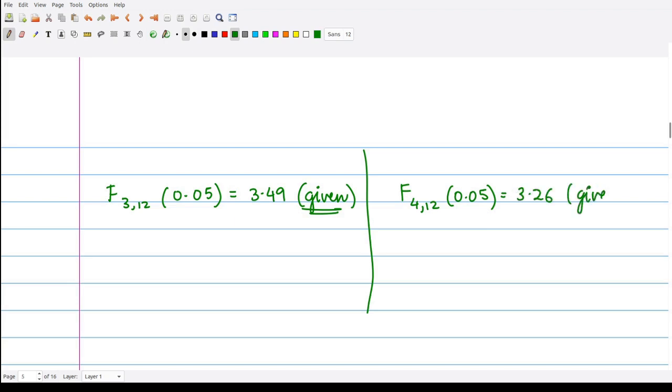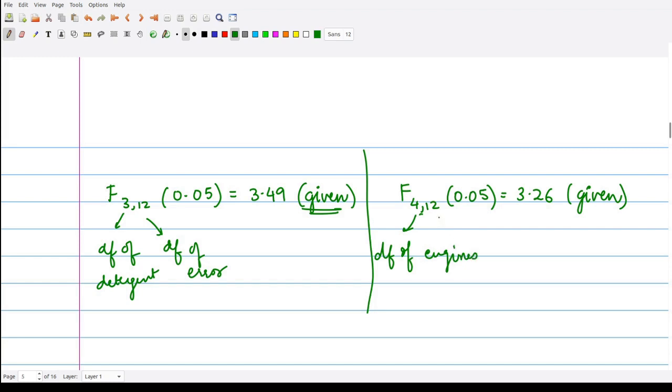This is given in the question, or you can obtain it from the table. Next we have the F ratio. So let me write it down here. What is this 3? 3 is the degrees of freedom for detergents, and this 12 is the degrees of freedom for error. Here 4 is the degrees of freedom of engines, and this 12 is the degrees of freedom of error, right?